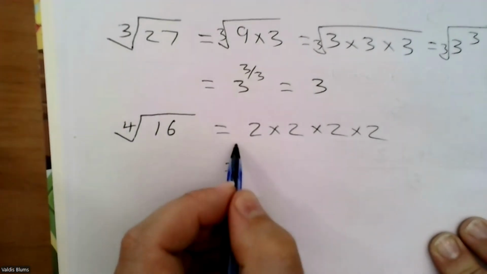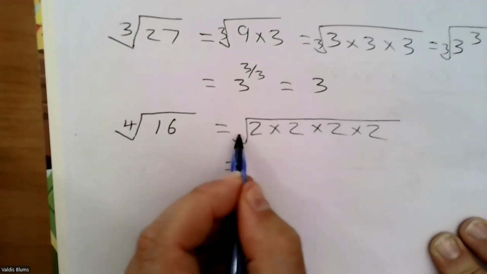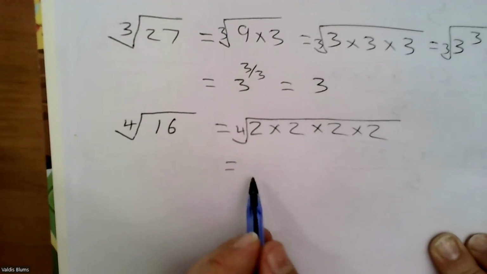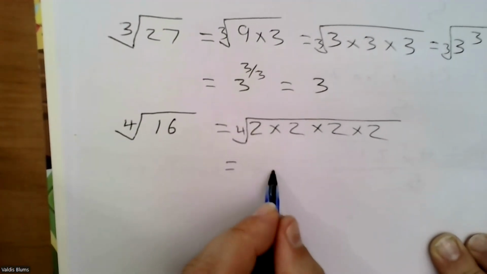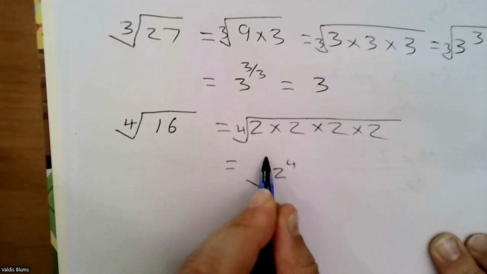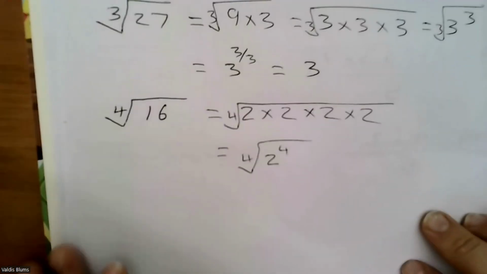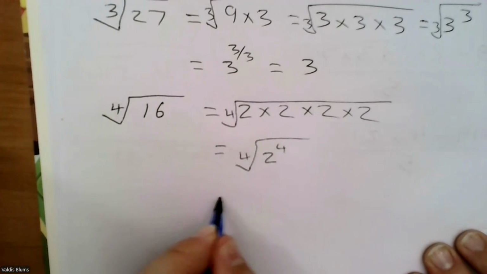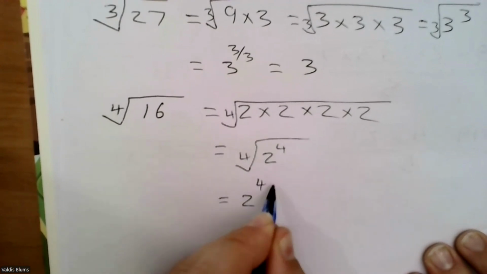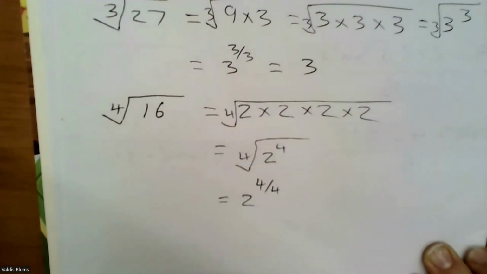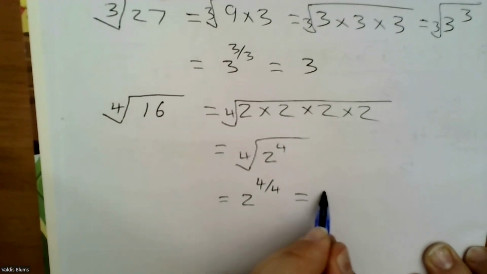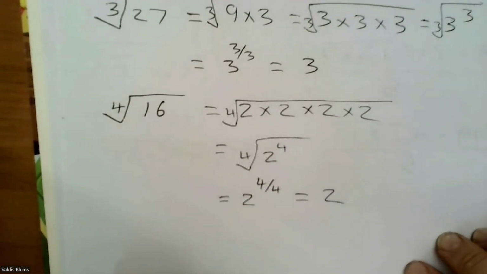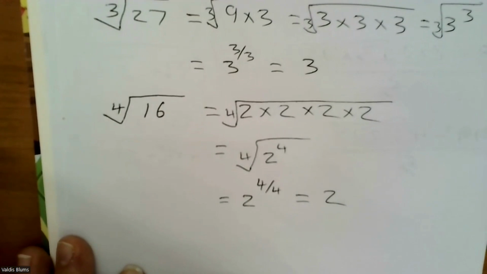So we have 2 to the power of 4. Bringing that 4 in as a power, we have 2 to the power of 4 over 4, which equals 2. So these are radical signs.